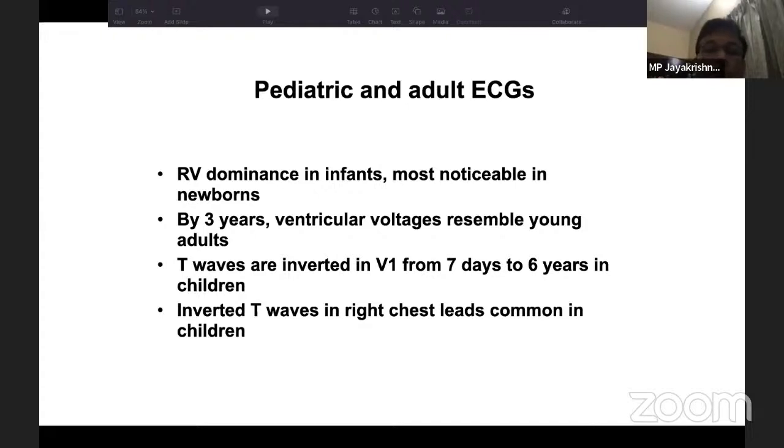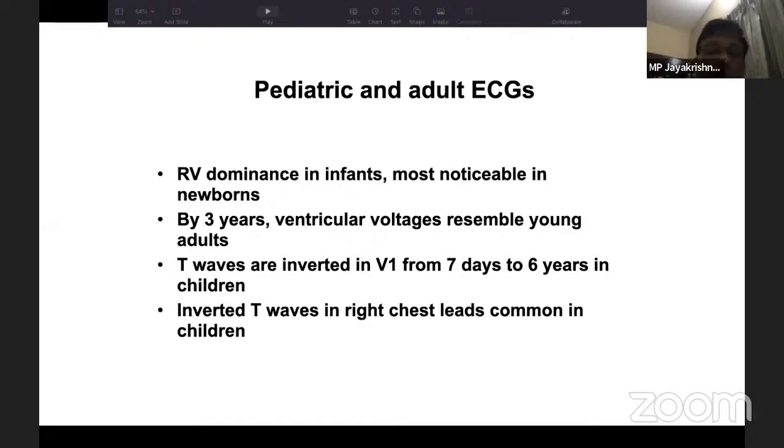So the right ventricular dominance is very much noticeable in newborns, and by about 2 to 3 years the ECG will resemble that of an adult almost. So beyond 3 years, generally we expect the ECGs to look like adults. But till that time, there can be a right ventricular dominance that you see.